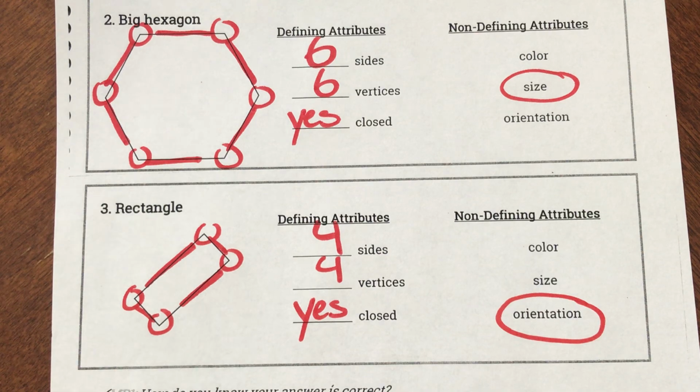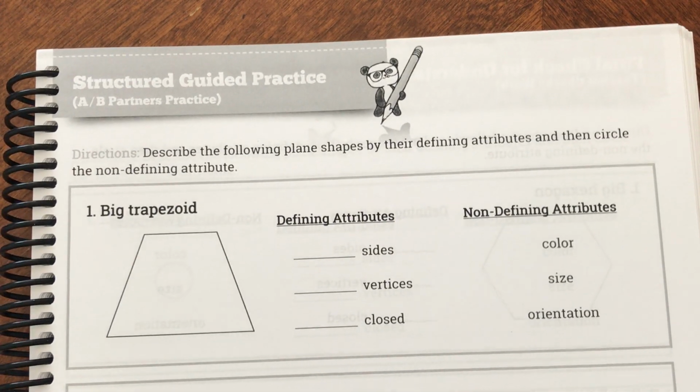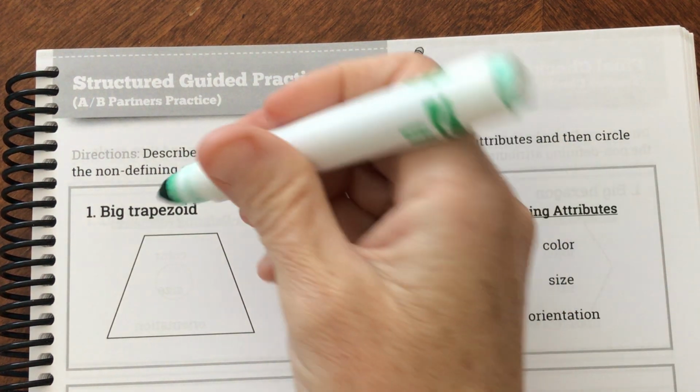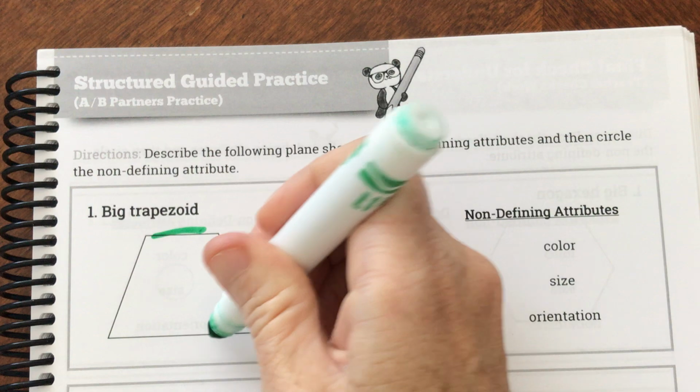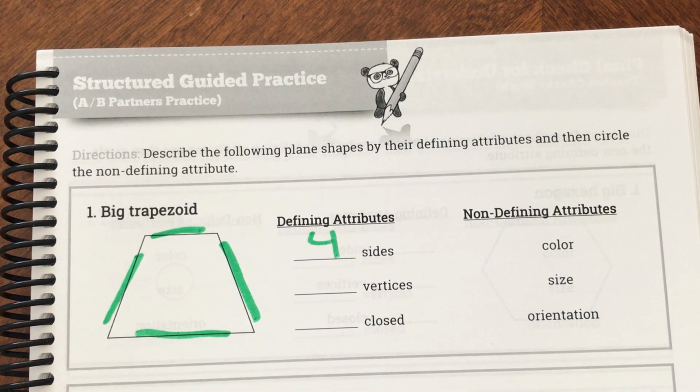Okay, so let's try some of these together, boys and girls. We are on page 224, and here's our first one. Okay, our first one says big trapezoid. So our defining attributes, things that help us figure out it's a trapezoid, are that it has 4 sides.